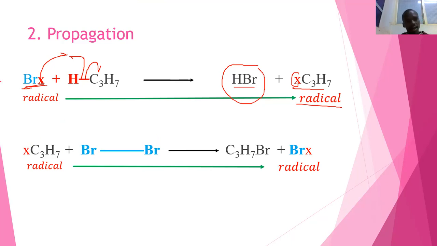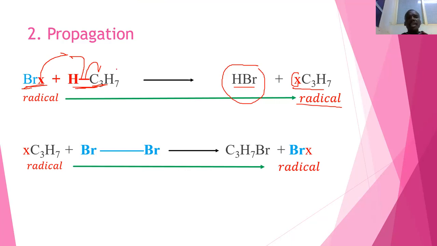Let me go back. For the reaction to take place, we said that alkanes react with radicals. Those radicals we got when we exposed the bromine to sunlight to give us the bromine radicals. And one of the bromine radicals reacts with this propane to give us hydrogen bromide and the propyl radical.